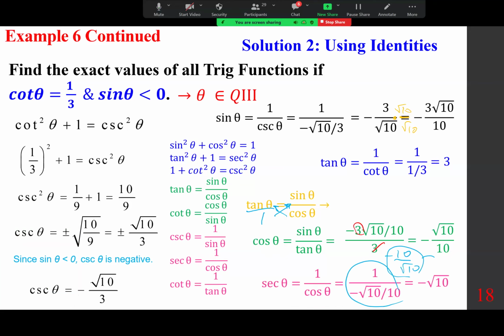And I hope you understand that. Since square root of 10 times square root of 10 is 10, this becomes minus square root of 10. Or rationalize. Either way is fine. So we looked at a couple of examples, two different ways using circles, using identities. You ultimately have to be comfortable with both because sometimes one is easier than the other.